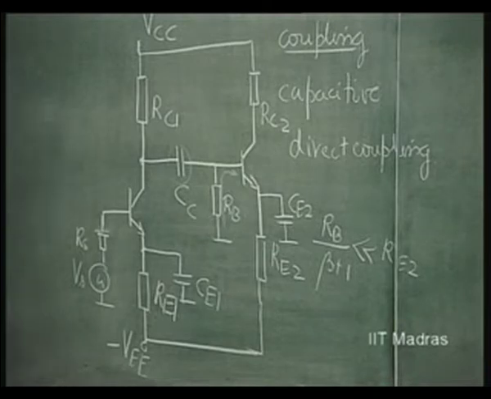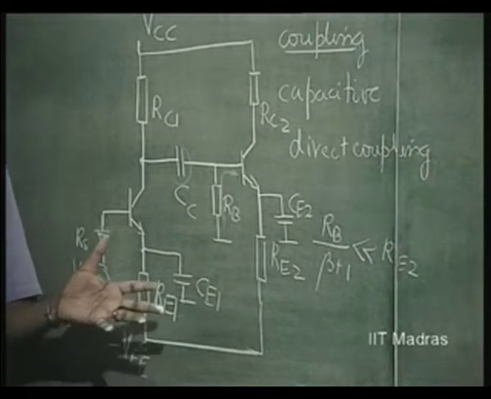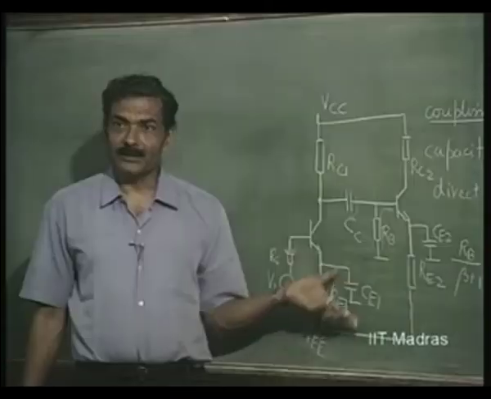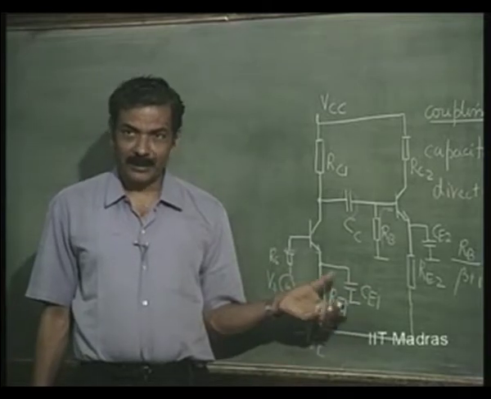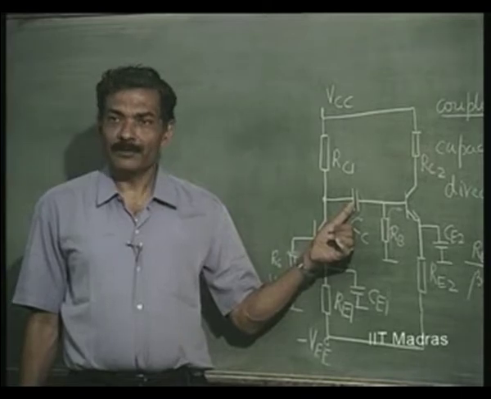You can see that the order of CE1 and CE2 will be of the order of tens of microfarads that we had seen in the example, maybe even hundreds of microfarads. CC of course will be of the order of microfarads.